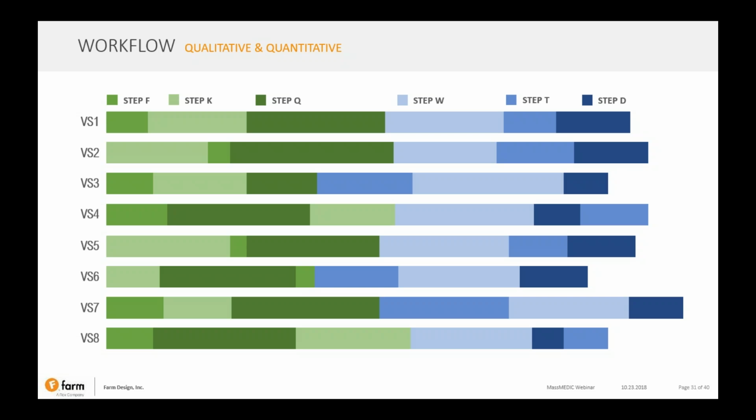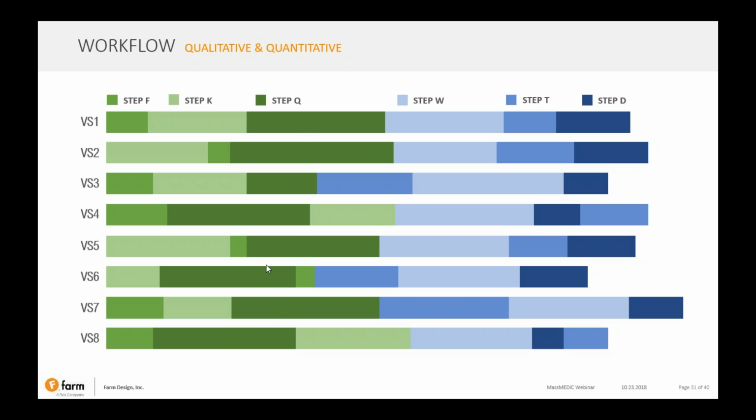And if you wanted to, you could actually include data labels to show, well, maybe the absolute time does matter, because who knows if this is seconds, minutes, or hours. So you could use this endpoint here to say, total case time. And you could even within each of these squares, if it didn't get too crowded, or if you wanted to focus on one particular task, let's say these darkest green step Qs here, you could label only step Q with how long each physician took during that step to really emphasize your point.